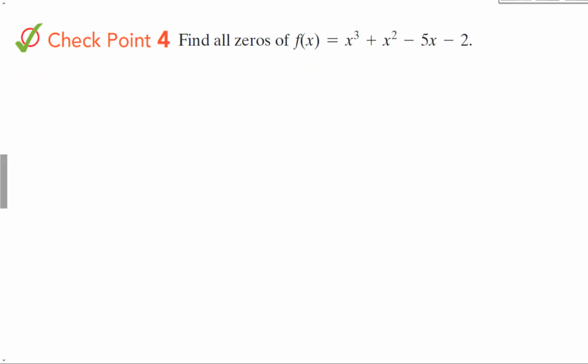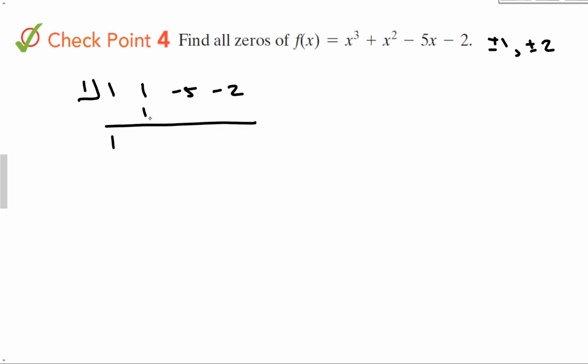Let's try another one just like that. So my possible rational zeros become plus or minus 1, plus or minus 2. Those are the ones that I'm going to check. Let's try 1 first. 1, 1, negative 5, negative 2. Bring down the 1. That's 2. Negative 3. No good.